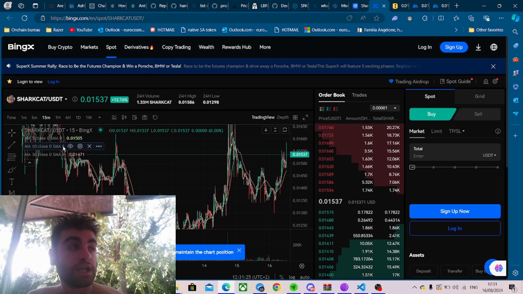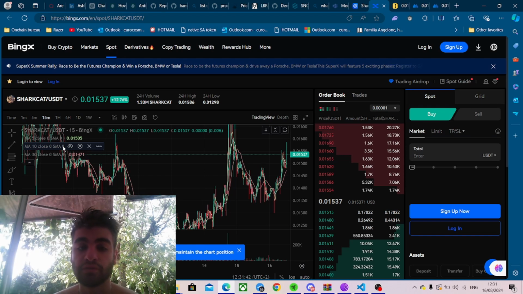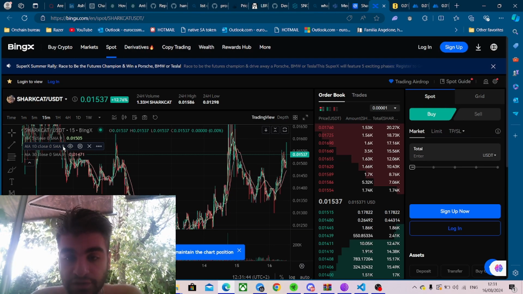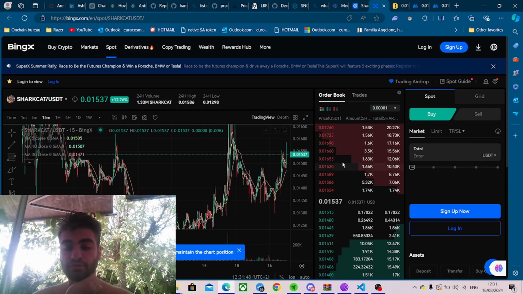In fact, if your goal is to pump the price of a token, you shouldn't do it all at one market buy. You should do it progressively. So instead of buying $1,000, you buy $100, $100, $100, because when you buy $100, the order book will move up. But if you do it instantly, it won't.